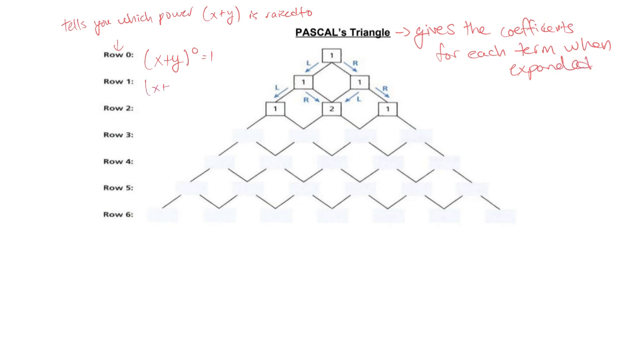Okay, the next one, right, x plus y to the first power, x plus y to the second. So that means squaring them, right? That means your first coefficients are going to be 1, and then 2, and then 1.